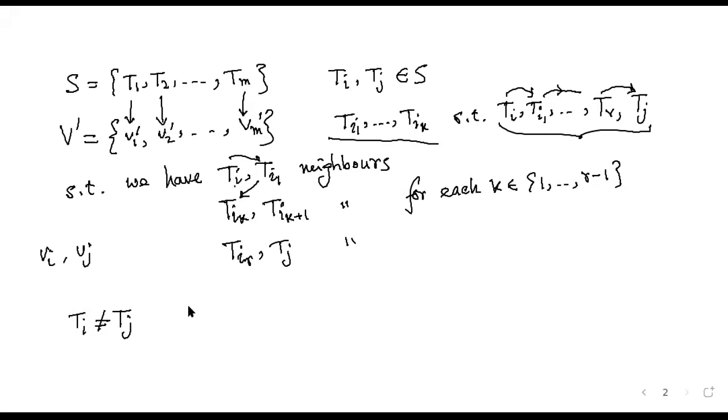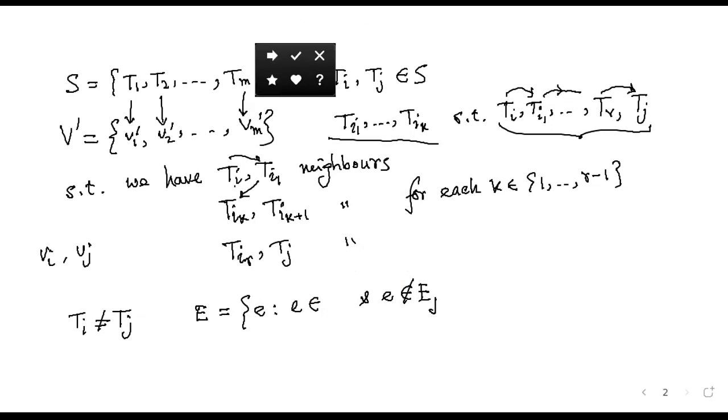So consider the set of edges such that e is in the edge set of Tj, and it is not in the edge set of Ti. Okay?